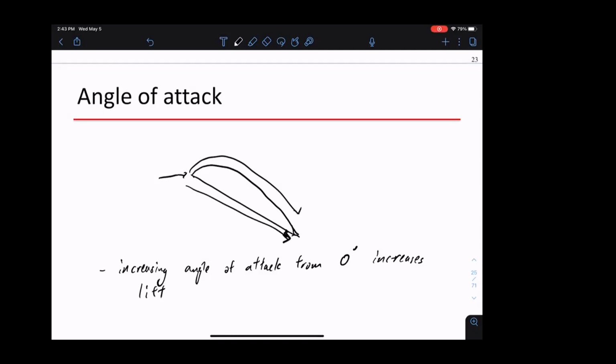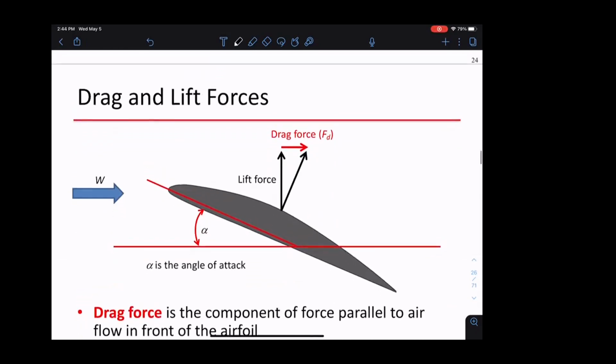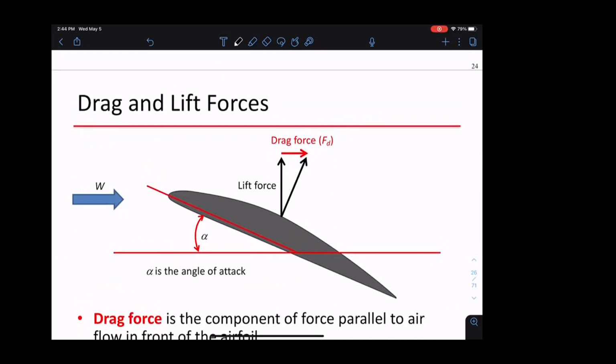If you look at this more closely, we can think of the force as two components. If you look at the force generated on this airfoil, on this blade, first we have a force that's perpendicular to the blade.